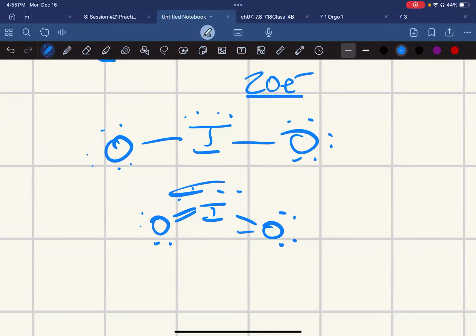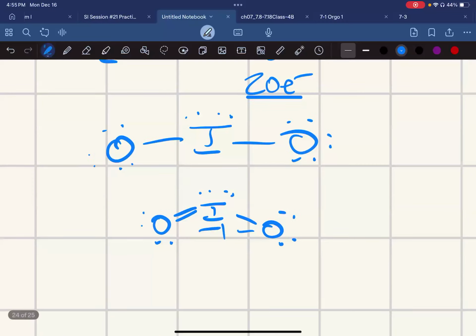One thing to note is the charge of this whole thing. Technically, you would want the oxygen to have the negative charge because it's the more electronegative atom. Right now the I has the charge, which might be the problem. Yeah, the I has a negative 1 charge.